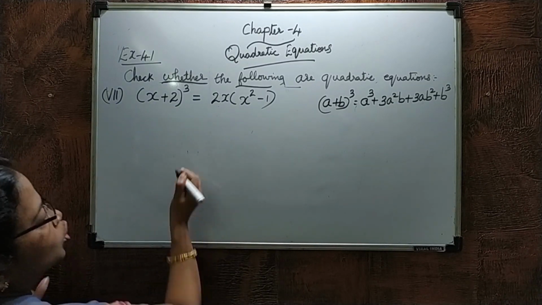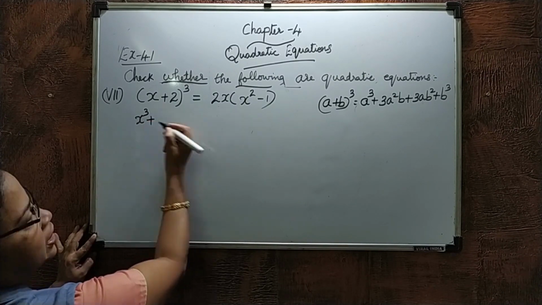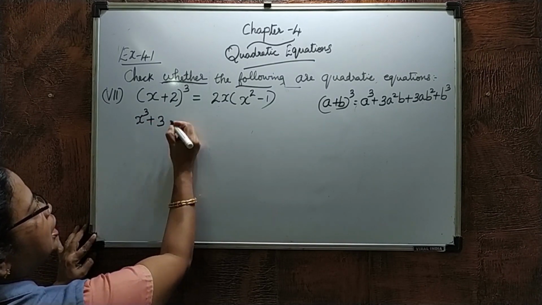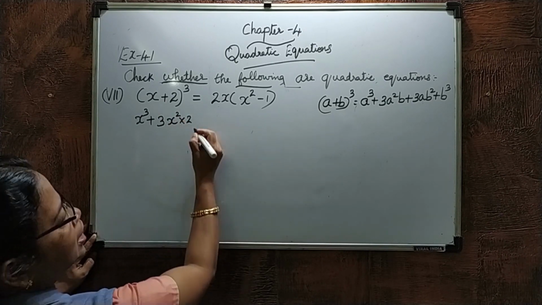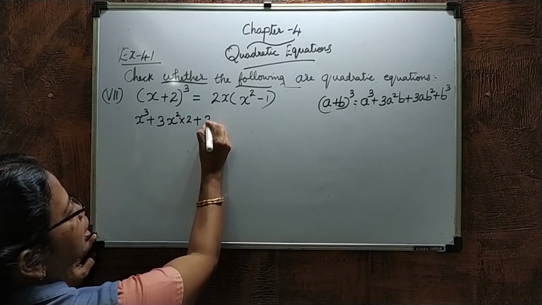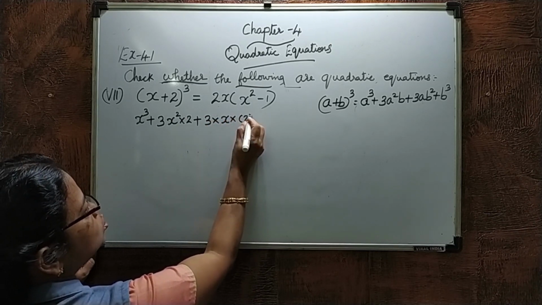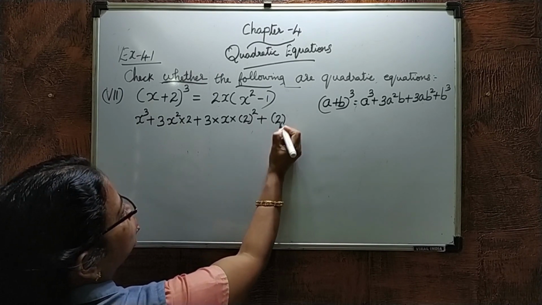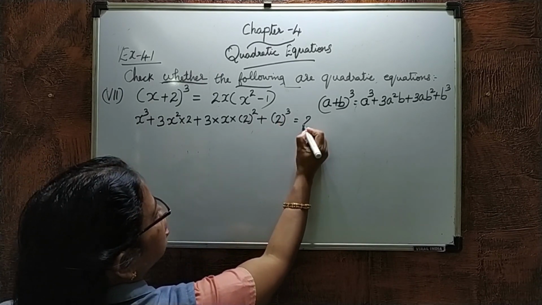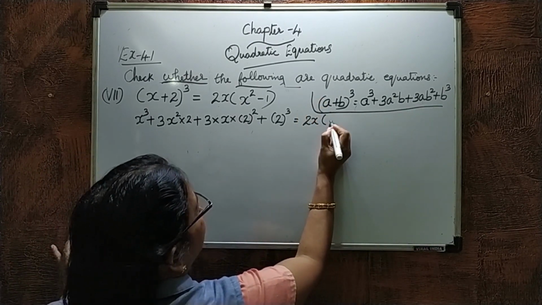Here this is a, here it is b. So a plus b the whole cube: a cube means x cube, plus 3a square b, so 3x square into 2, plus 3ab square, 3 into a is x, b square means 2 square, plus b cube, it is 2 cube, equals 2x into x square minus 1.